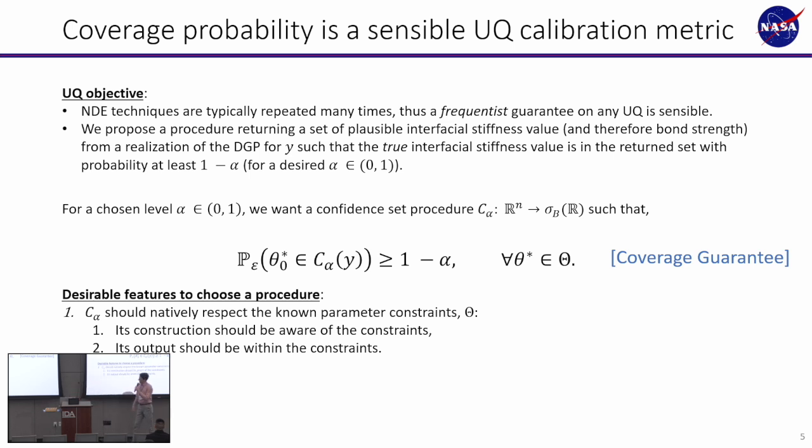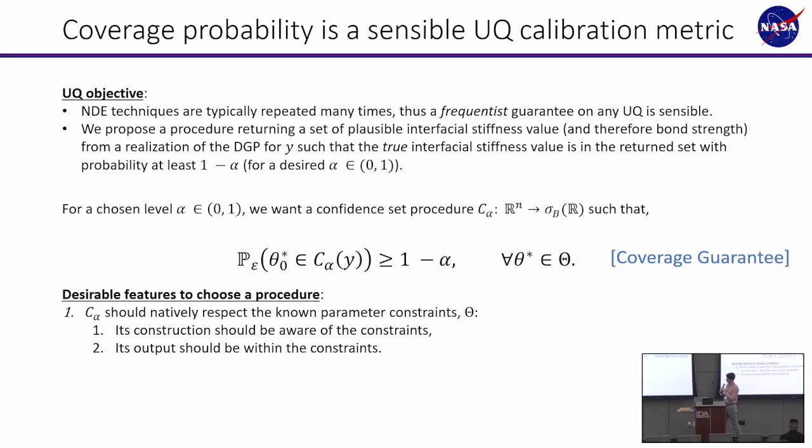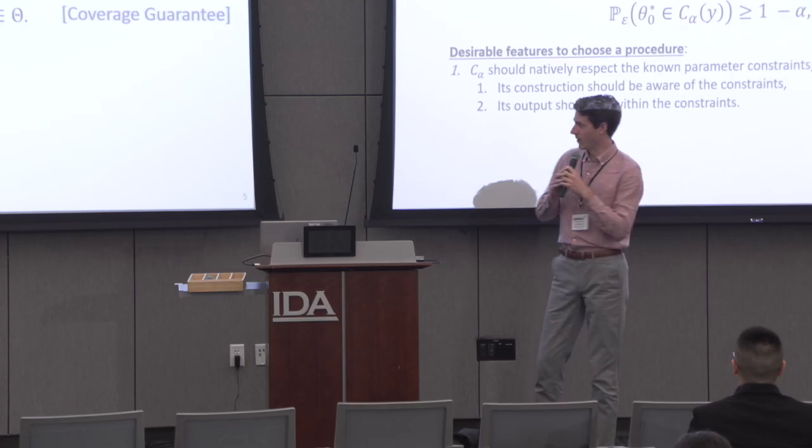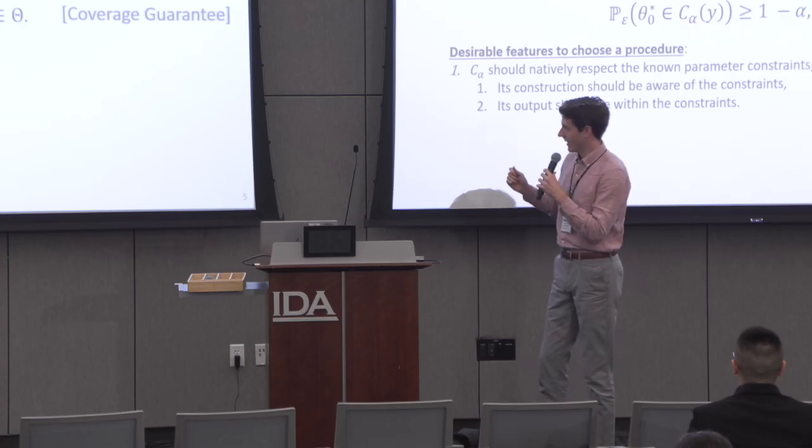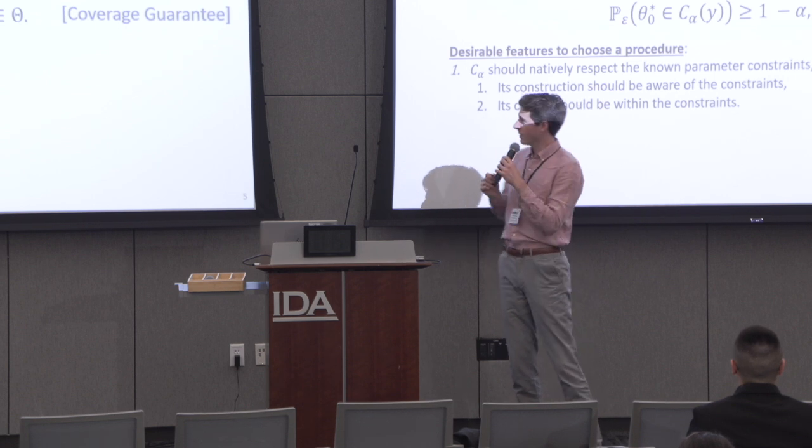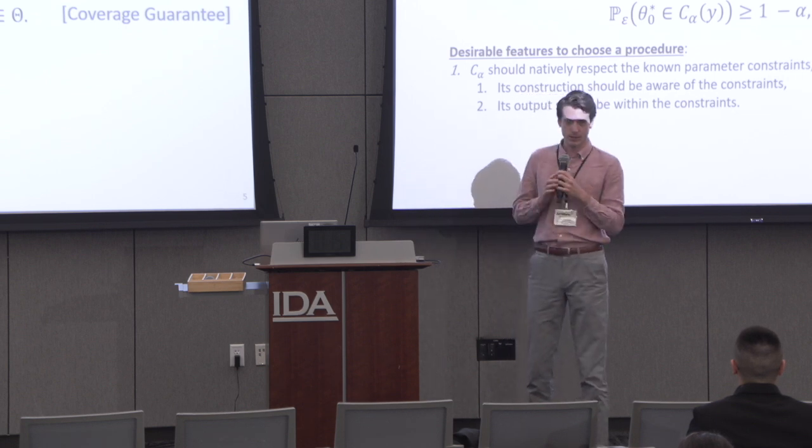Okay, well, that all sounds great. But what are some desirable features here? Of course, classical statistics is replete with procedures that purport to do this, at the very least asymptotically. But I'm going to add a few other characteristics that I think are relevant to physical problems. The first is that our confidence set should respect the known parameter constraints.